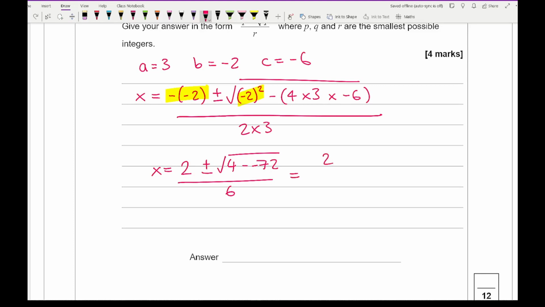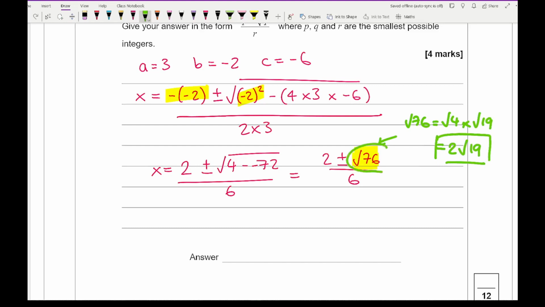So then what I end up with is 2 plus minus root 76 over 6. Now I can simplify 76 as root 4 times root 19. So therefore that can be written as 2 root 19.